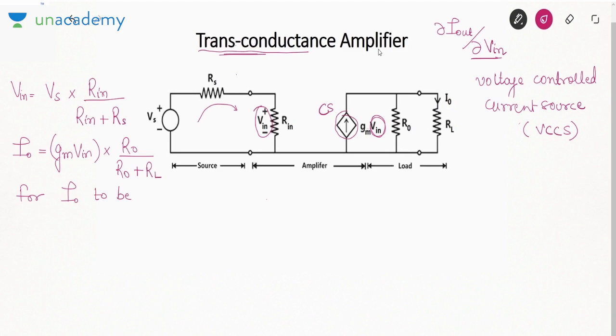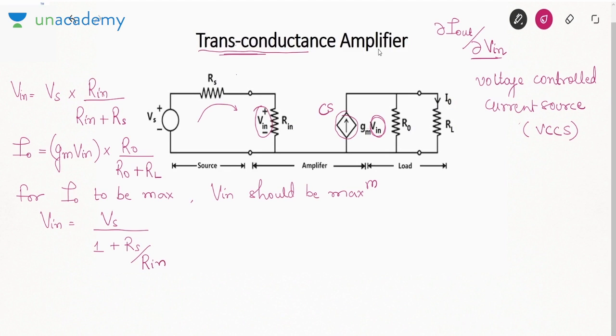Again I naught depends on Vn. For I naught to be maximum, Vn should be maximum. How can Vn be maximum? Vn you can write as Vs over 1 plus Rs over Rn.